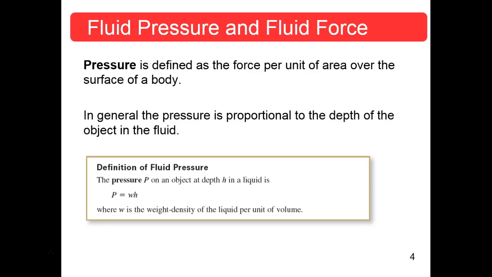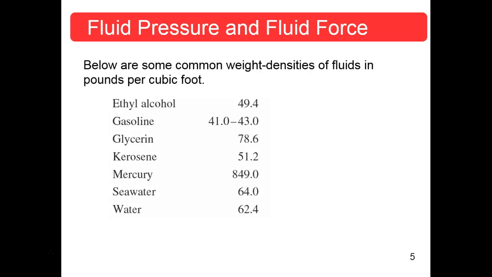Now, here are some common weight densities of fluids in pounds per cubic feet, which is unusual that they would give this. Normally we'd be doing newtons per cubic meter. They're using pounds per cubic foot. Ethyl alcohol, 49 pounds per cubic foot.